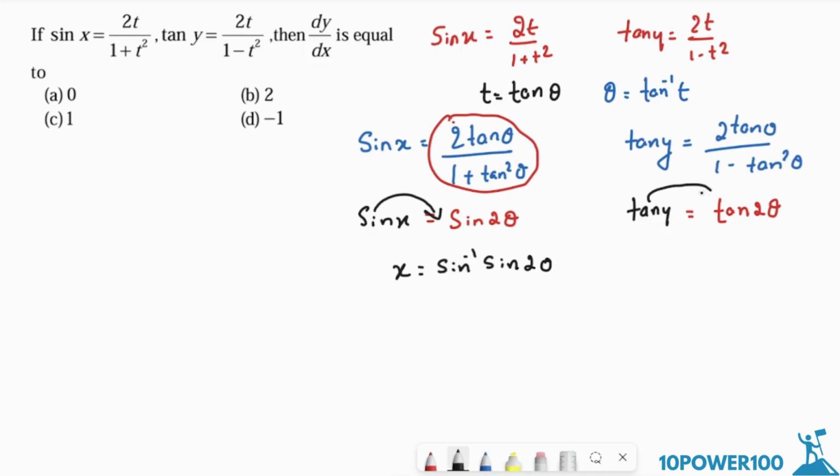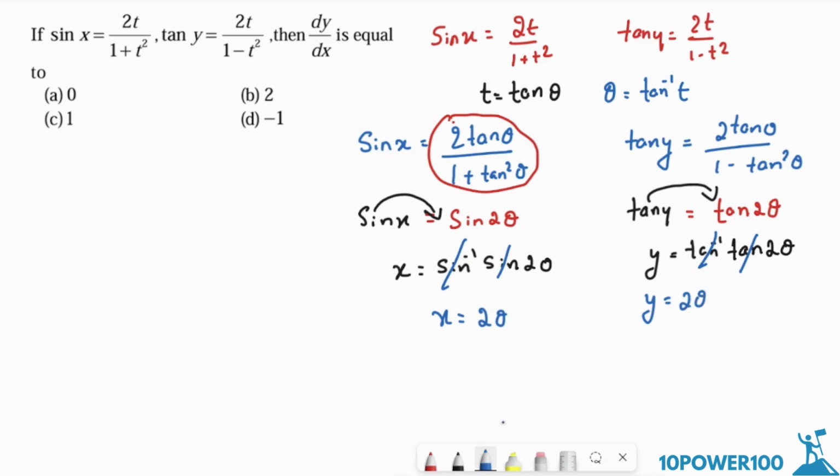Now I'll bring tan to this side. We get y is equal to tan inverse of tan 2 theta. By using the self-adjusting property, we can cancel sine inverse and sine, and tan inverse and tan. Now we end up getting x is equal to 2 theta, and y is equal to 2 theta.